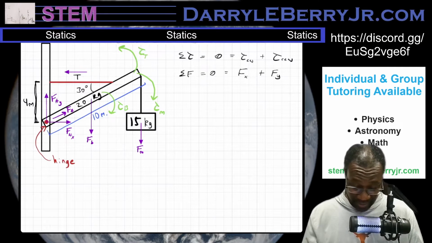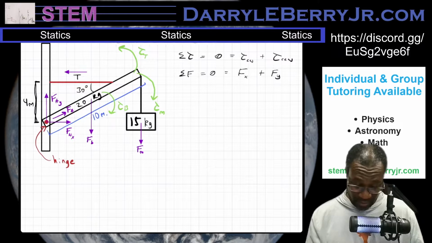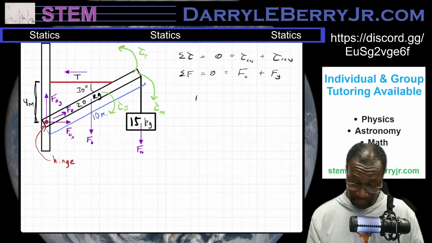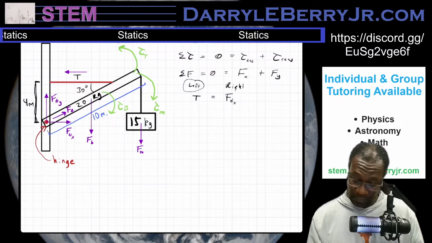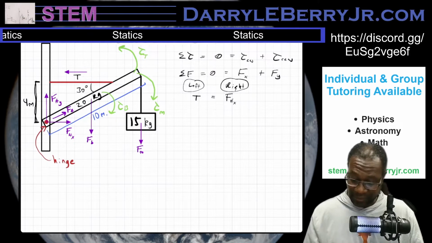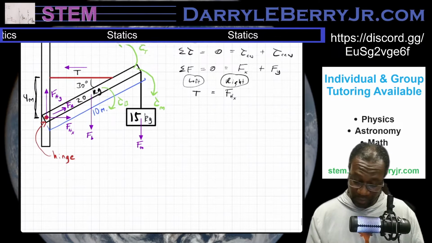So to add up everything on the x, we have T to the left must equal FHX to the right. Again, because it's static, everything has to be equal.